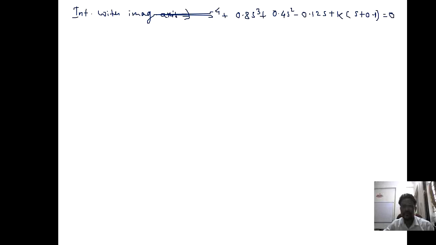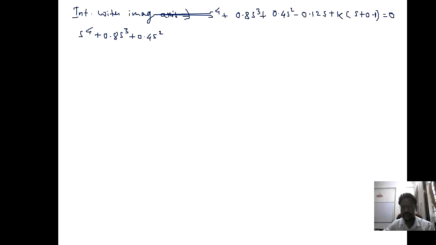We need to arrange this equation according to powers: s to 4, 3, 2, 1, and again there is s, so we have to simplify. So s raised to 4 plus 0.8 s cube plus 0.4 s square, and minus 0.12 s and Ks.